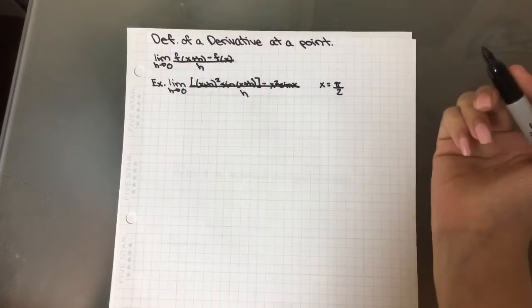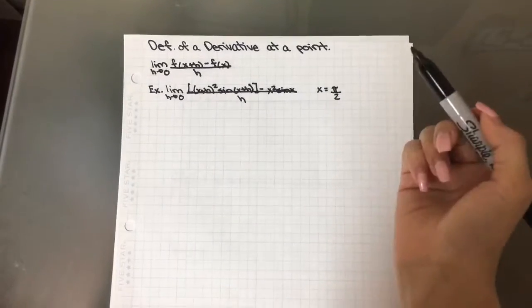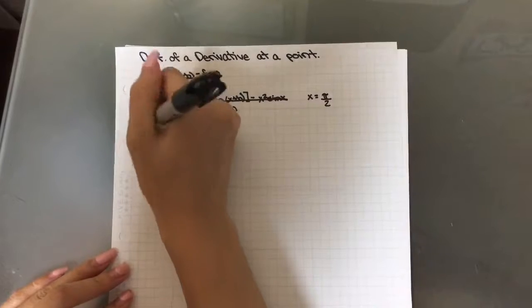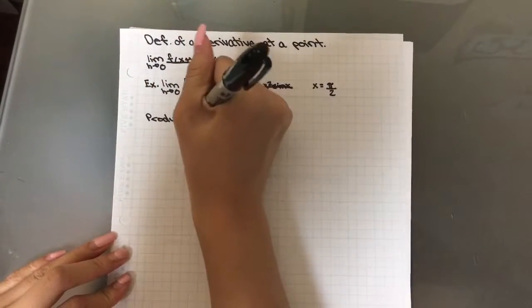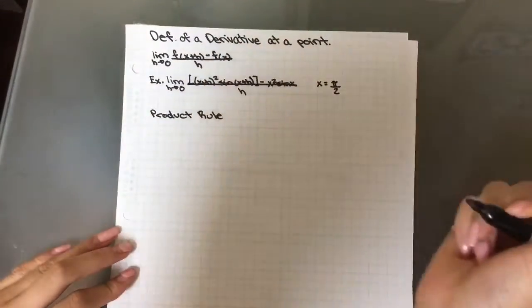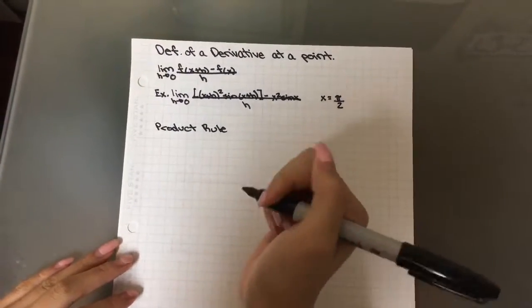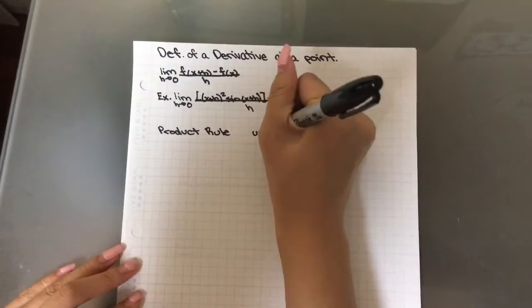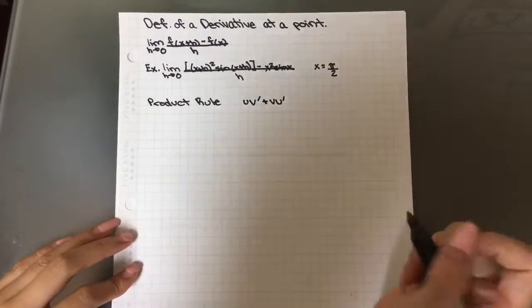So what you're looking for is the derivative of the function, x squared sine of x. We're going to be using the product rule to find it. The product rule says that u v prime plus v u prime is the derivative.